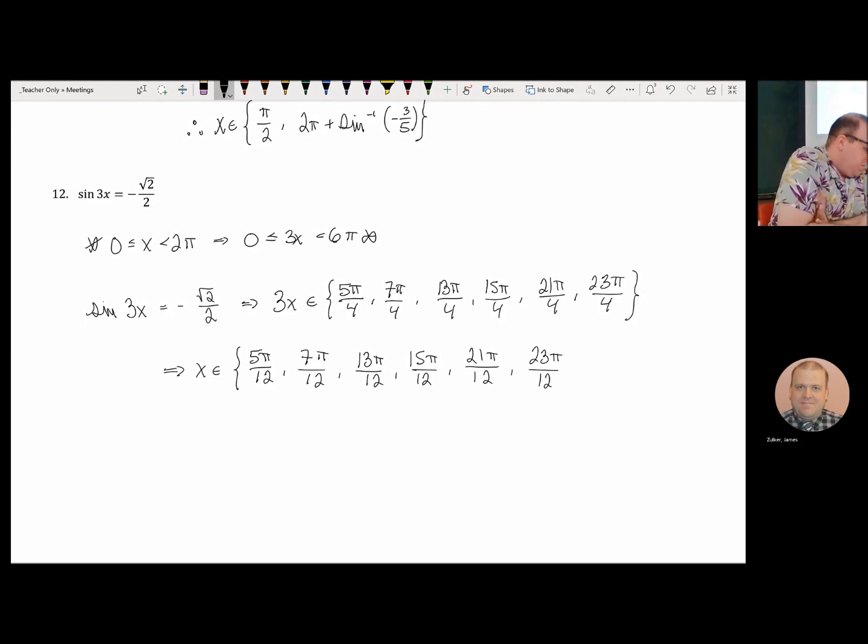And by the way, that 21 pi over 12 can be simplified. Seven pi over 4. There's a solution set for x.